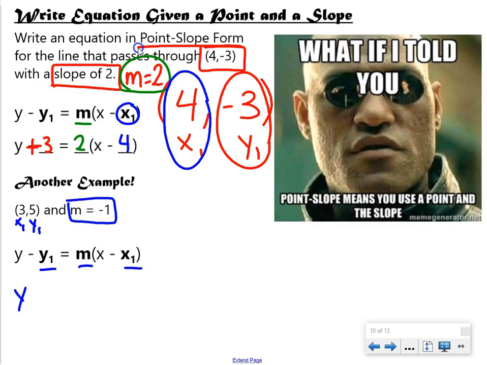So y minus y1 is 5, right there, equals m, -1, times x minus x1, which is right here next to our y1. So it's 3 minus 3. Close the parentheses, and you wrote an equation in point slope form.